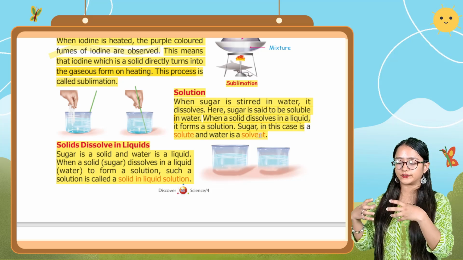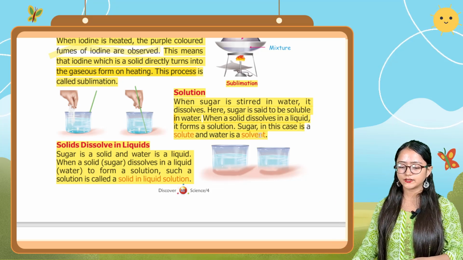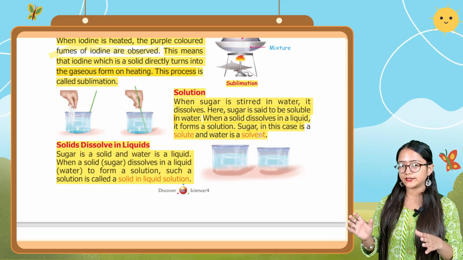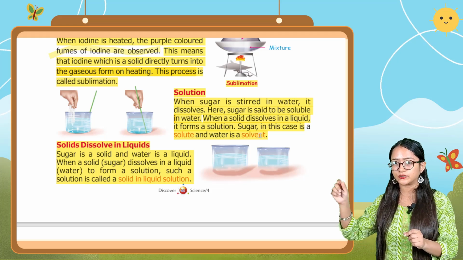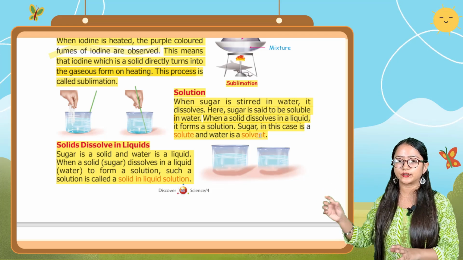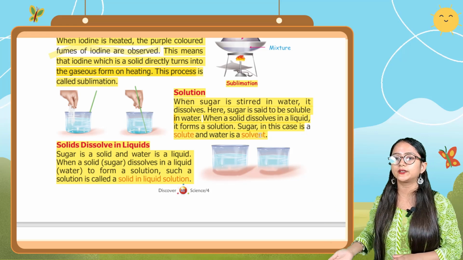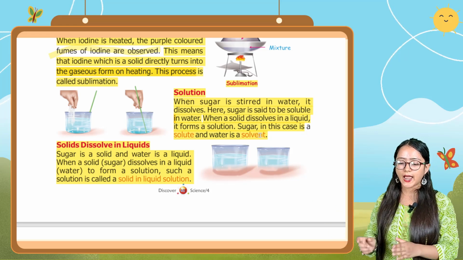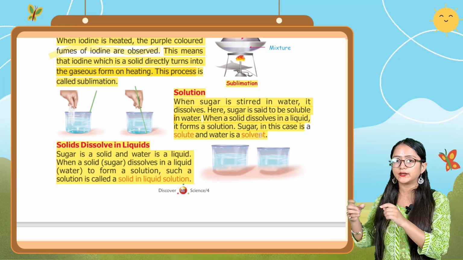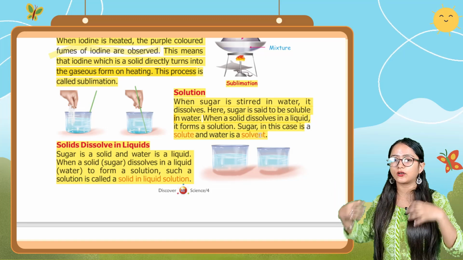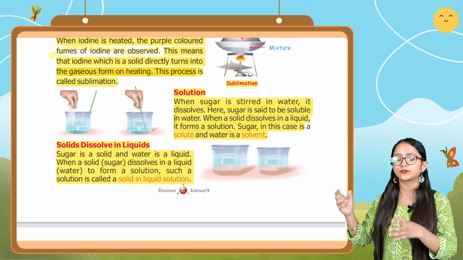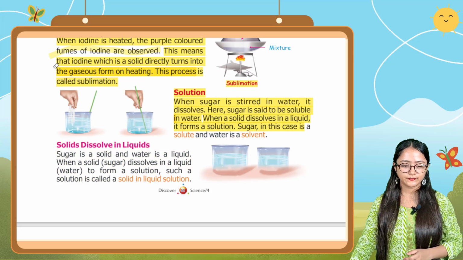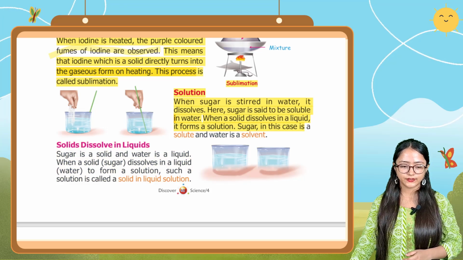The sugar or salt which is going to be dissolved is known as the solute, and the water, the liquid which is dissolving something inside it, is known as the solvent. Now we come to the next one.